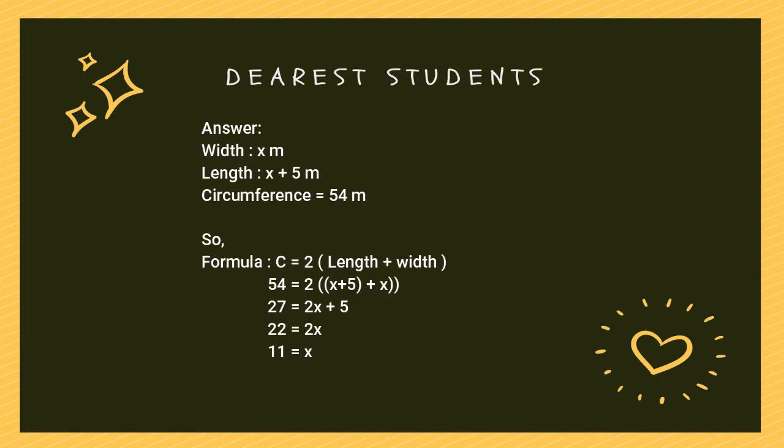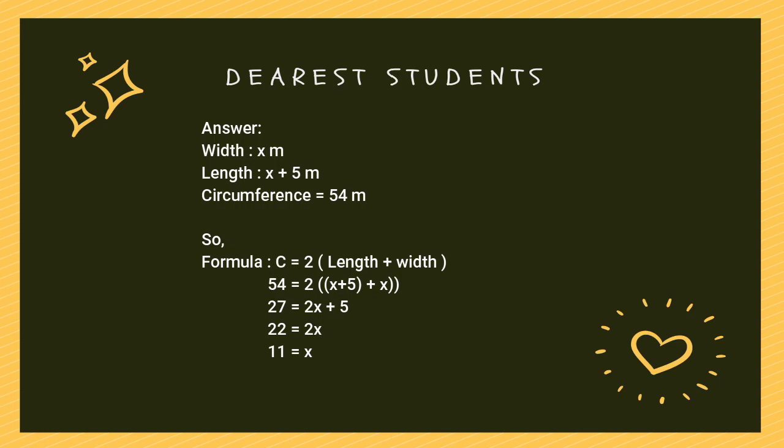Student, from the problem example that I have given to you, this is the answer. The width of the field is 8 meters, and the length of the field is x plus 5 meters. The circumference of the field is 54 meters.